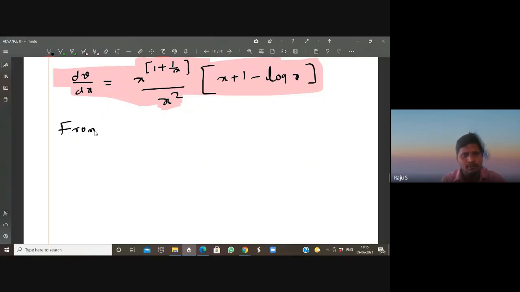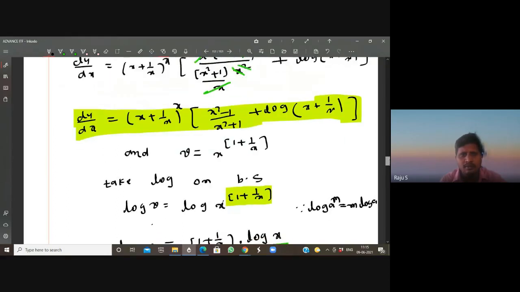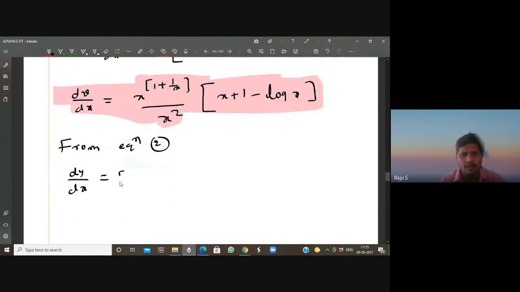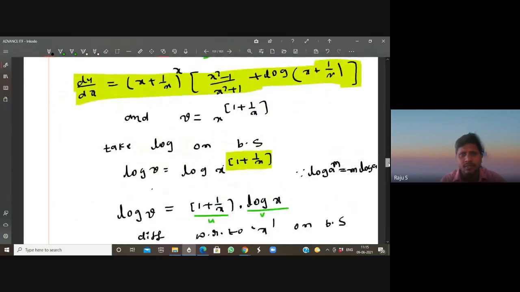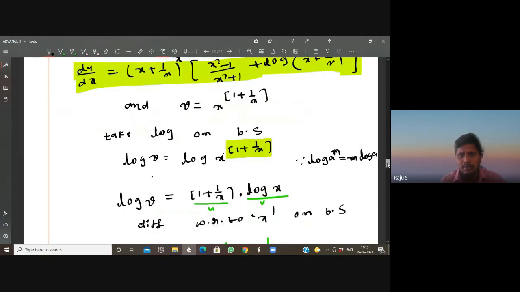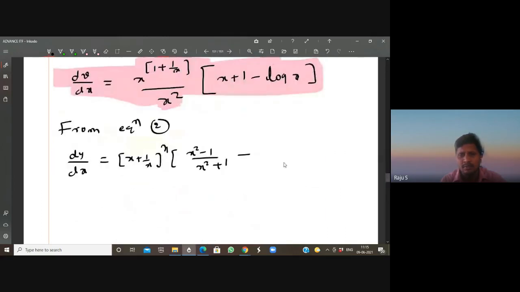From equation 2, dy by dx is equal to du by dx, which is x plus 1 by x whole to the power of x, bracket x square minus 1 by x square plus 1, plus log x plus.